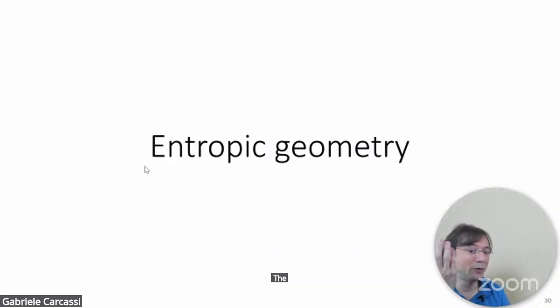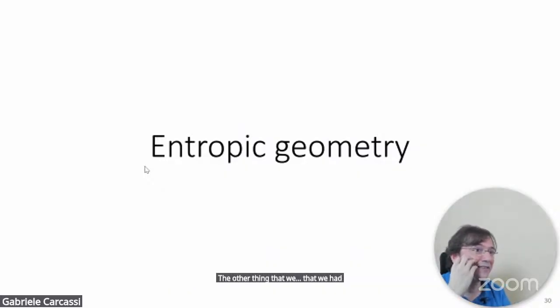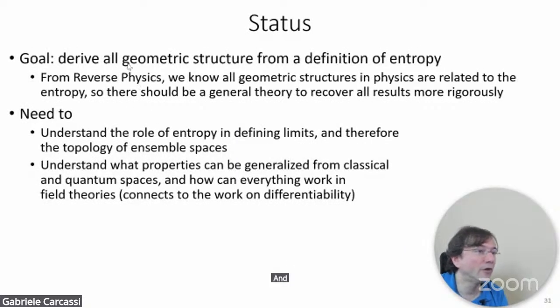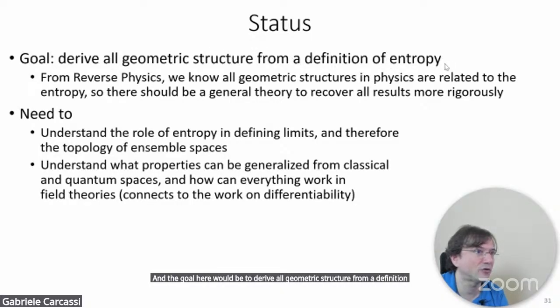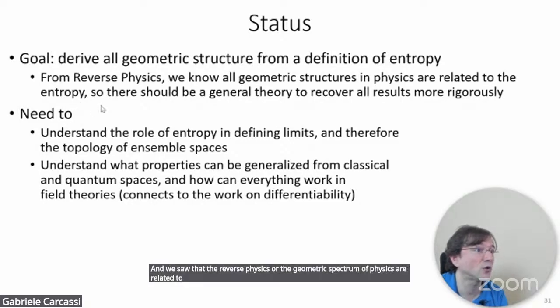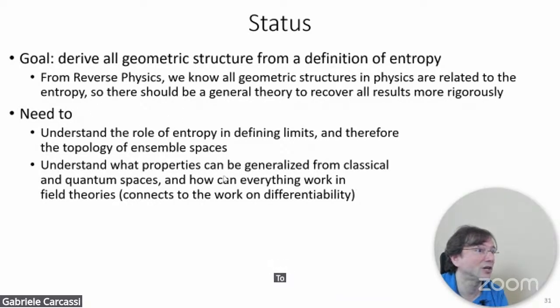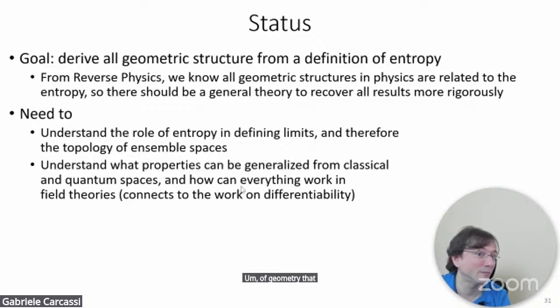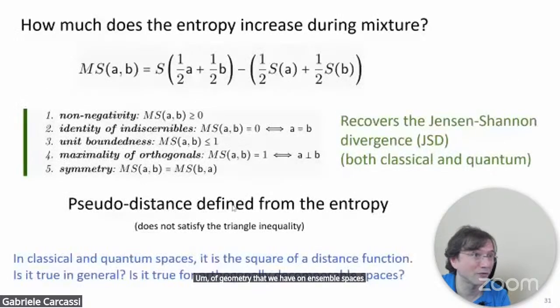The other thing that we had looked at a little bit yesterday is this notion that entropy defines the geometry of the ensemble spaces, and the goal here would be to derive all geometric structure from a definition of entropy. And we saw that in reverse physics, all the geometric structures in physics are related to entropy, and so we want to essentially show that entropy defines all possible types of geometry that we have on ensemble spaces and also outside of ensemble spaces.